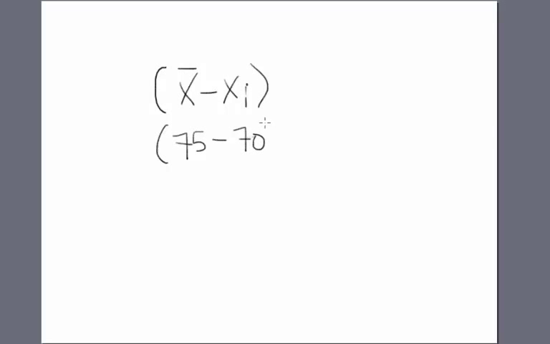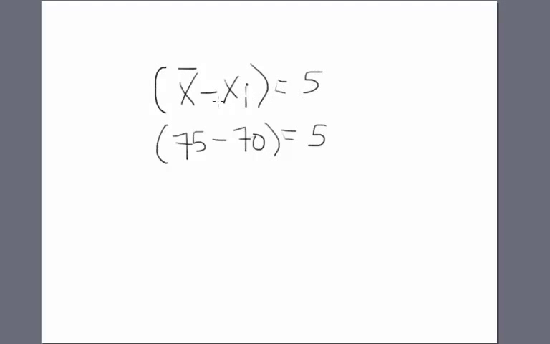What one might do to get a value that could represent dispersion is take the mean, the average score, and subtract the score, because that would tell us how far this x sub i is from the mean. So for example, you could take a sample mean of 75 and subtract an x sub i of 70, and that would give you a value of 5.